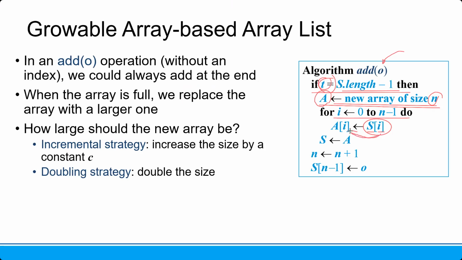After we move into the new array, let's assign s to all elements in a. And then we do n equals n plus 1, so it means we increase the size of the array by 1. And then at the end, at index n of s, we will add the object o. So this is the object o that we want to add into the new array.